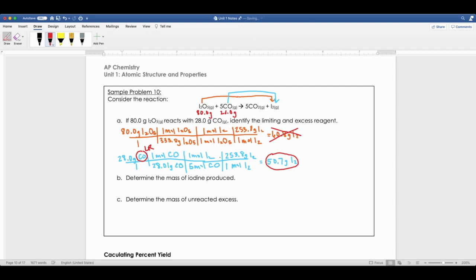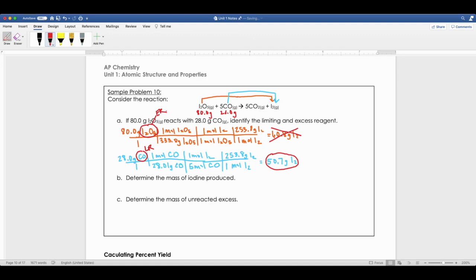The question is asking here, identify the limiting and excess reagent. So I'm just going to identify them by circling right there. I'm identifying it right here. And this one right here, this diiodine pentaoxide, would be my excess reagent. That's good enough to identify them for now.